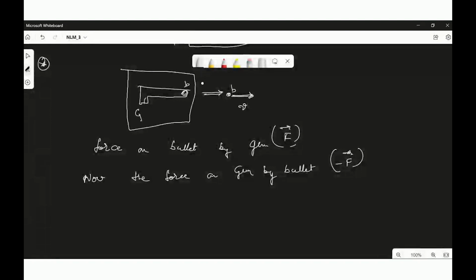After firing also you should see how the gun moves and how the bullet moves. You should consider your entire system as gun plus bullet, because I'm looking from outside, so for me this entire thing is one system. Defining the system is in your hand, which particle I'm observing.